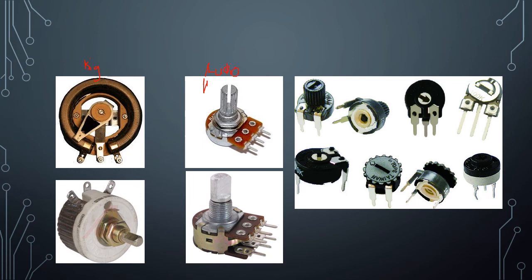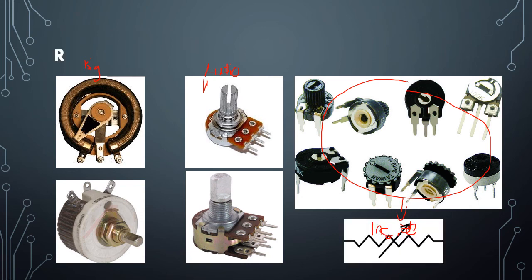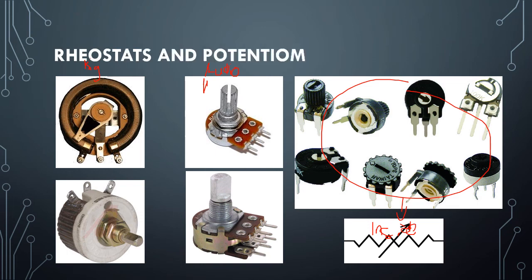And this type of resistor is found inside our components. They are either the rheostat, the big one, or the small ones called potentiometers.